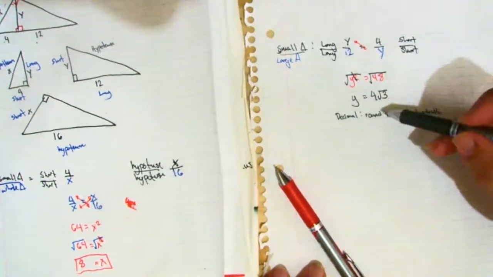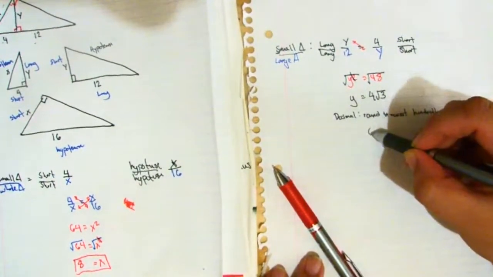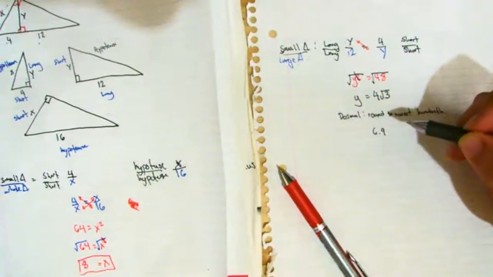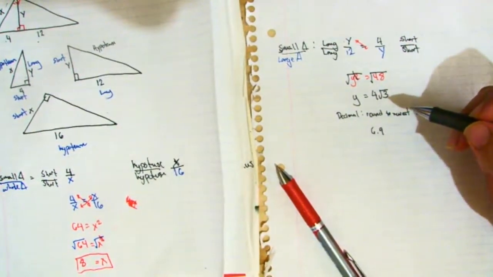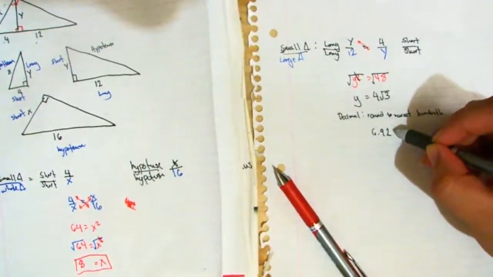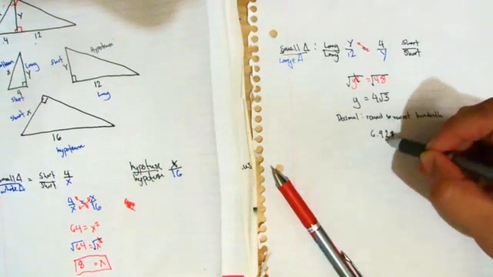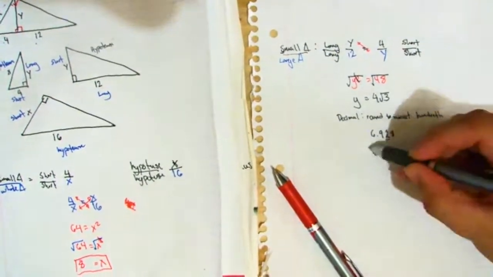And if you want to write it in decimal form, you can write it to the nearest hundredth, which is 6.928, and to the nearest hundredth, it's going to be 6.93.